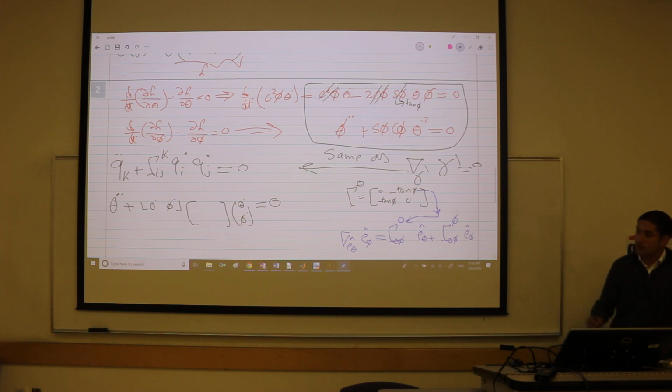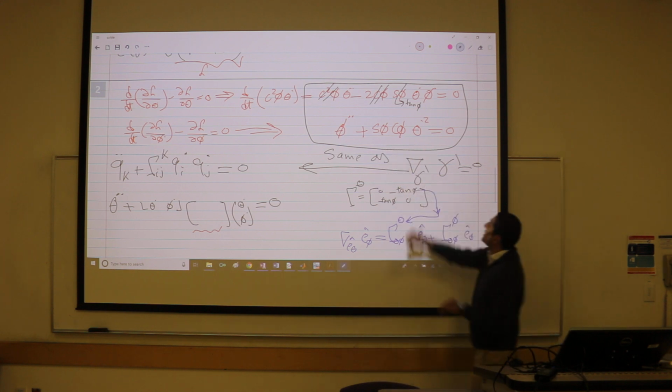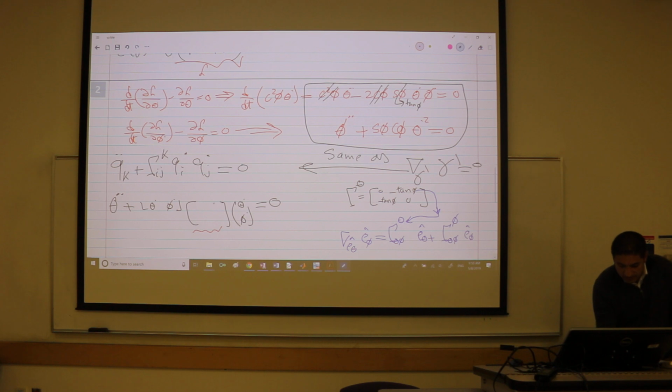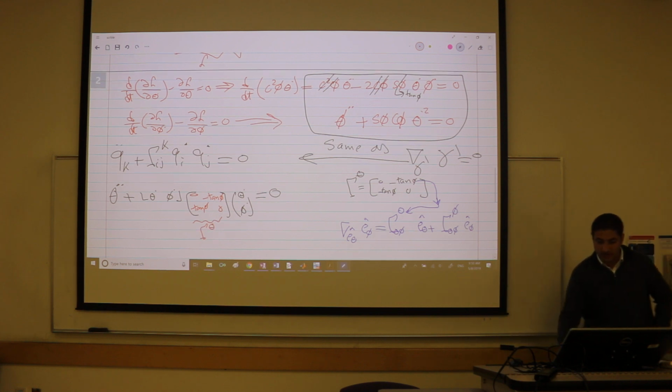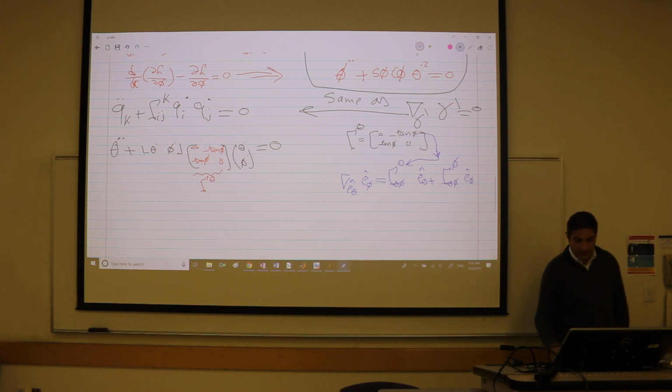And because I know the equations of motion from the red thing, I can fill out my matrix from the first line. It's theta double dot, that's taken care of, and I have negative 2 tan phi theta dot phi dot. So this here is negative tan phi, and negative tan phi here. So this is gamma theta. And you can do the same from the other equation. Any questions so far, if we know such an equivalence exists from the beginning?